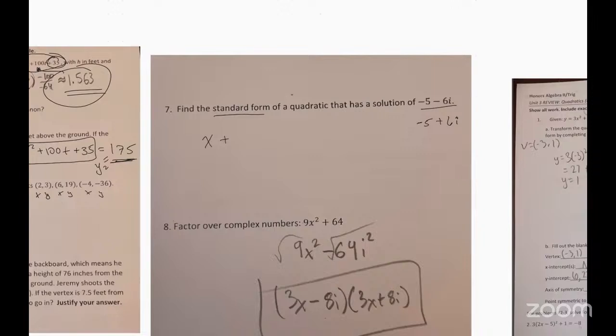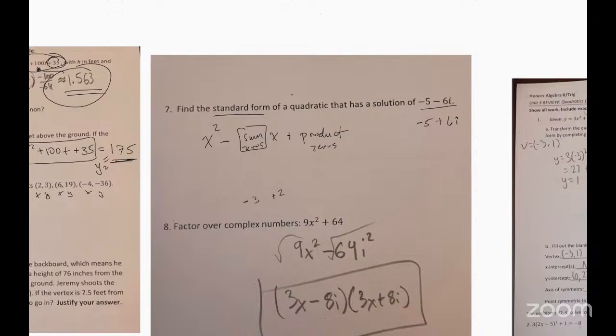Here's a little trick. Has your teacher taught you this trick? I don't know why they don't teach this. This is really good. So think about if I told you that something had the zeros of -3 and +2, what would the formula be?